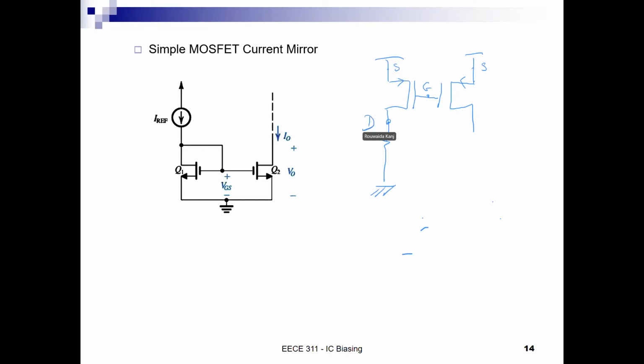Now I will connect the drain to the gate, the same as we did here. So for transistor Q1 you will have VSD equal to what? It is equal to VSG, okay?